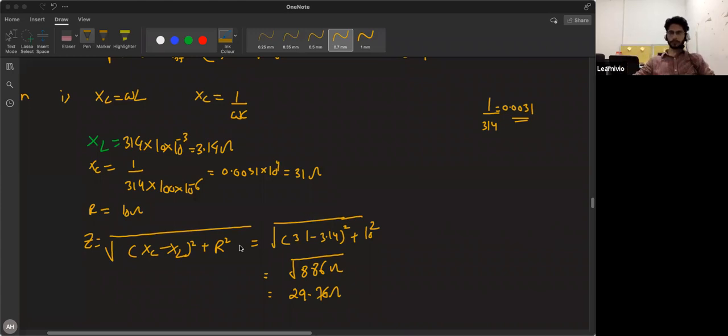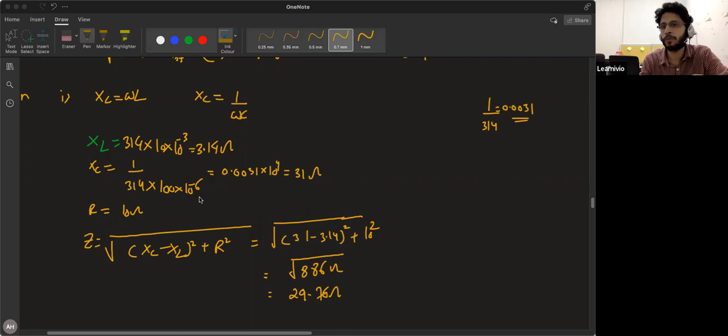Sir, why is impedance only in ohms? Sorry? The impedance, for calculating, we will take Henry, we will take farad also, right? Why is the final answer only in ohms? Final answer is in ohms. Yes, sir, because both XC and XL are also in ohm.